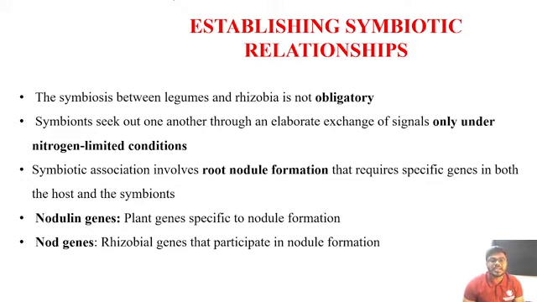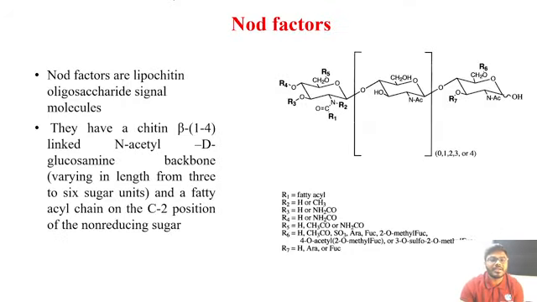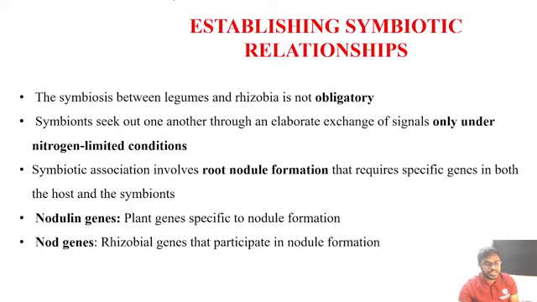Later, we started studying about establishing the symbiotic relationship. While studying the symbiotic relationship, we understood the types of genes involved. We read clearly that there are different types of genes involved in root nodule formation. I hope all of you remember. We read majorly nodulin genes and nod genes.